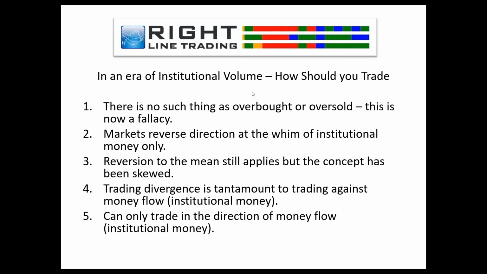And here's part of the way your trading methodology has to be. You're going to be successful. Now, I'm not looking at the micros yet, but I want you to see why our software calls direction so well. And the first thing is that there's no such thing as overbought or oversold. It's a fallacy now.